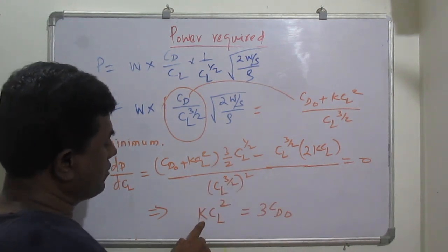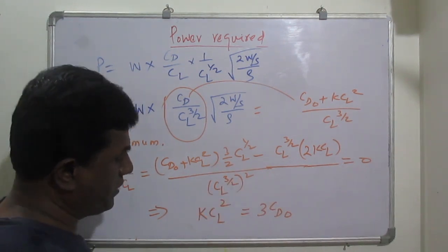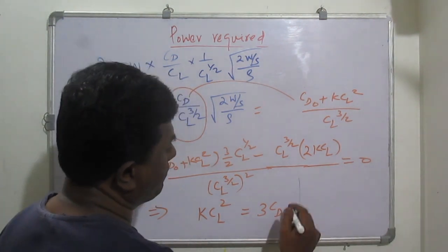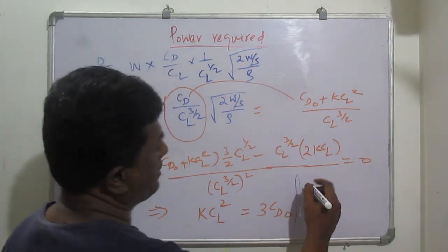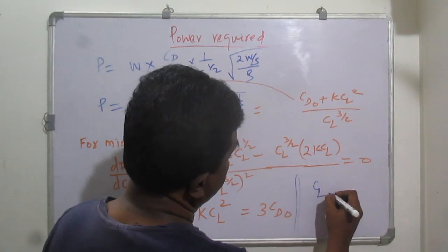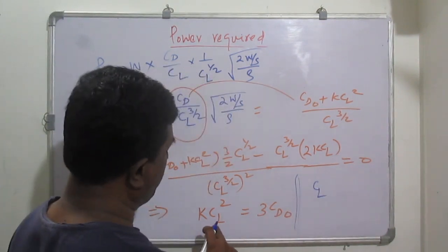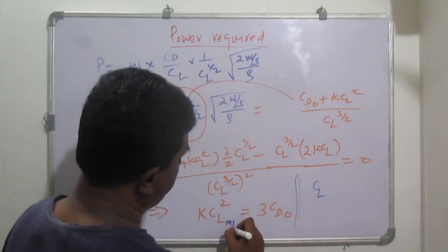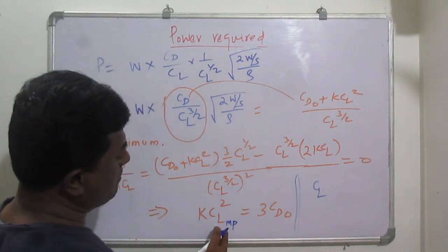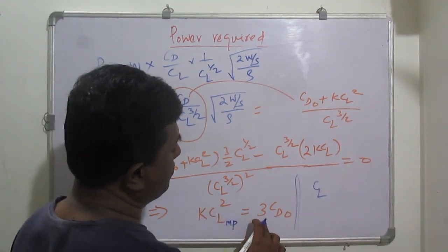From this we can further find CL square, because this is for the minimum. Now we can say KCL minimum power whole square equals 3 CD naught.